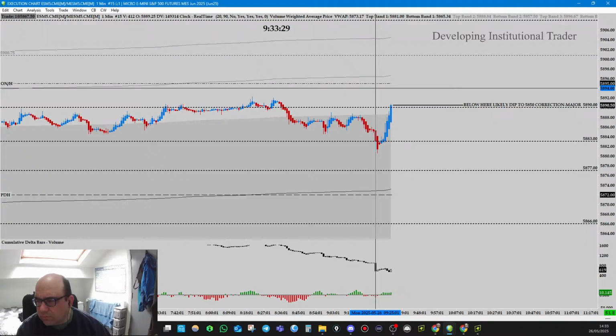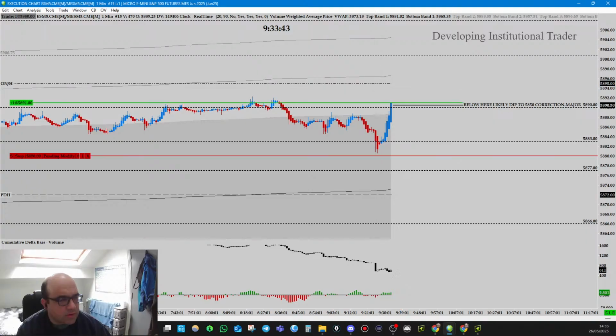Okay, I'm entering long with a runner. I'm just going to trail it. So the market has some really good strength there.